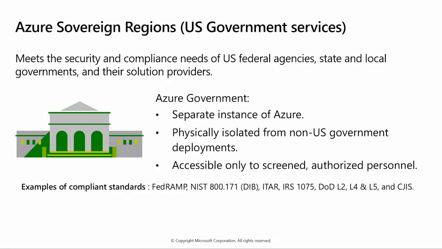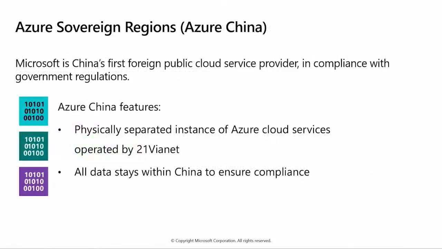Part of the reason that they're separate is from a privacy and a security standpoint, but they also have their own compliance offerings. So like I said, we have the FedRAMP, the NIST, very specific to either state, local, or federal government. And then lastly, we have our China region.